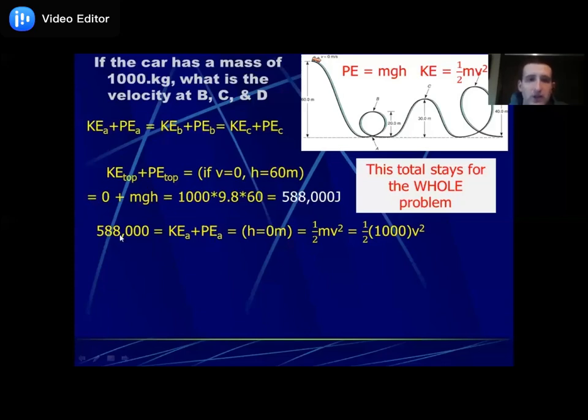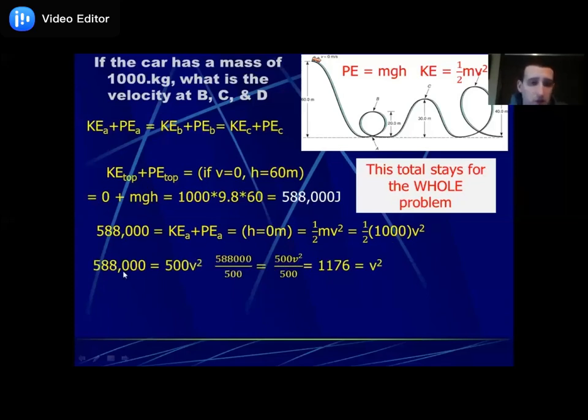So now we have 588,000 joules equals just our kinetic energy, which is 1/2 mv squared. Okay, that's good because we're supposed to be finding the velocity. So that's our unknown. We do know our mass, it's 1,000. So we plug in the mass. 1/2 of 1,000 v squared has to equal 588,000. So half of 1,000 is 500.